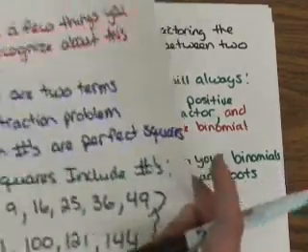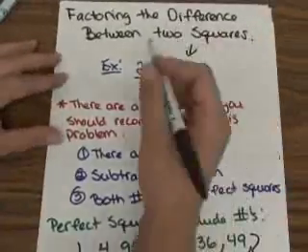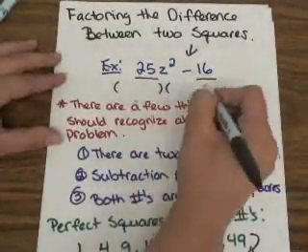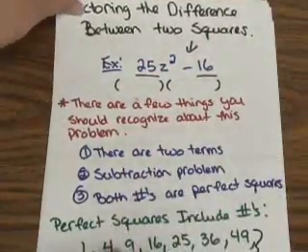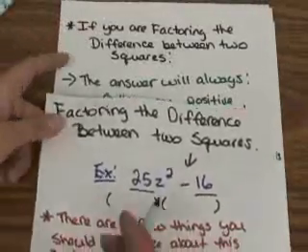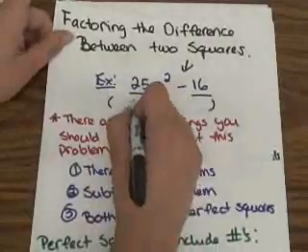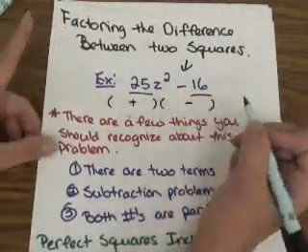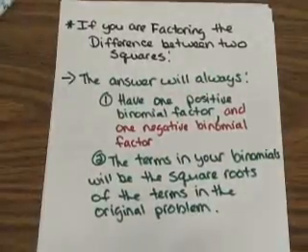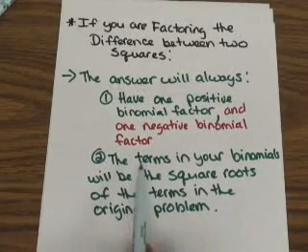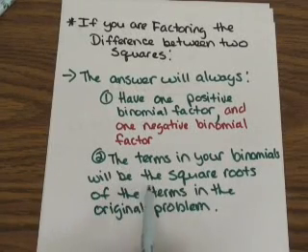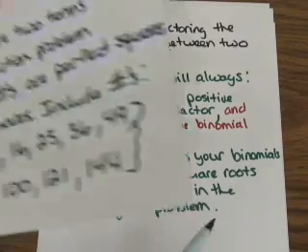So let's look at the problem in the beginning. Here's one binomial factor, here's the second one. That rule just told me that the answers will always have one positive and one negative. The second rule says that the terms in your binomials will be the square roots of the terms in the original problem.